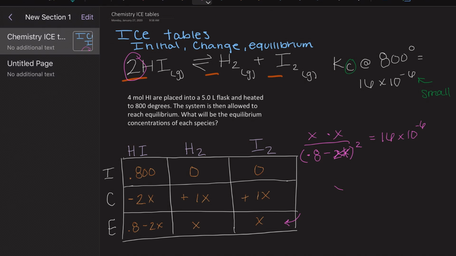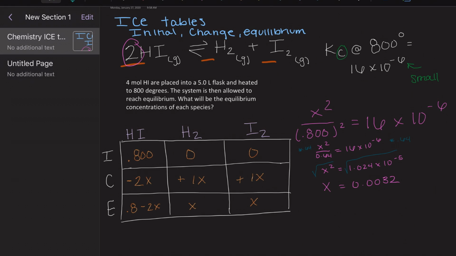Our equation becomes x squared over 0.8 squared equals 16 times 10 to the negative 6. And that's something we can solve. So I've put the solution for that up on the screen. Now we know that x is equal to 0.0032.